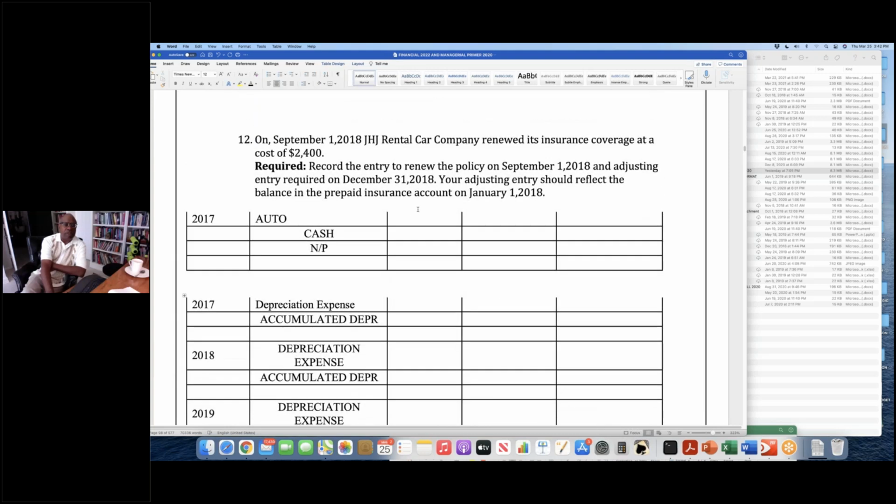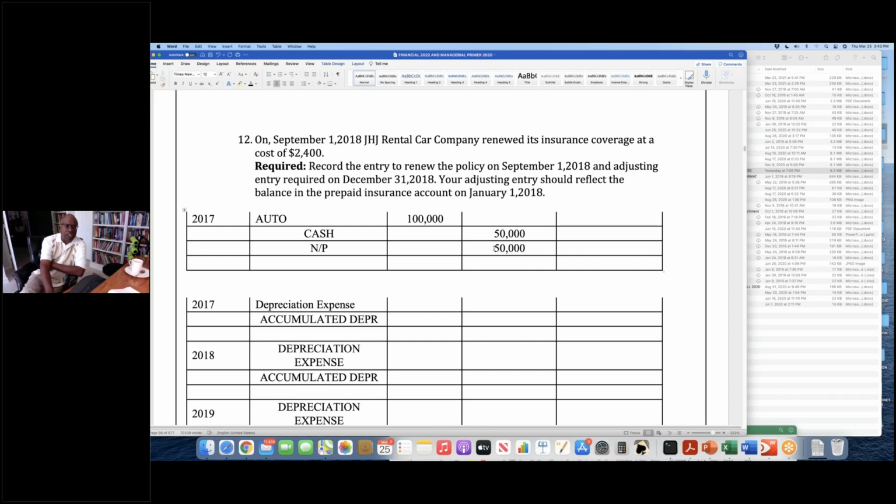So we make a journal entry, debiting autos for what? $100,000. Credit cash for $50,000. Credit note payable for $50,000. If you're noticing, the journal entries don't change, it's just the dollar amounts.